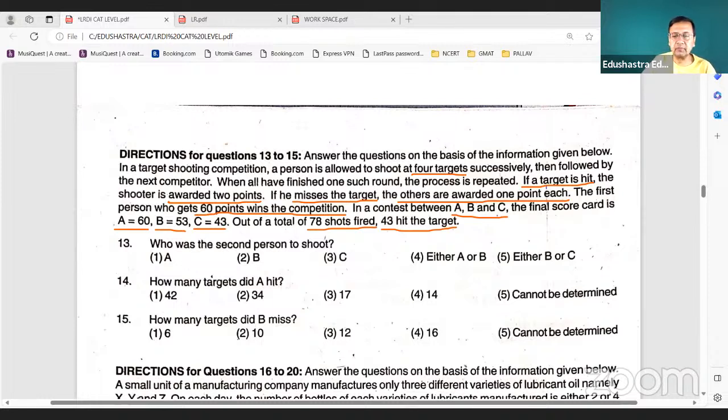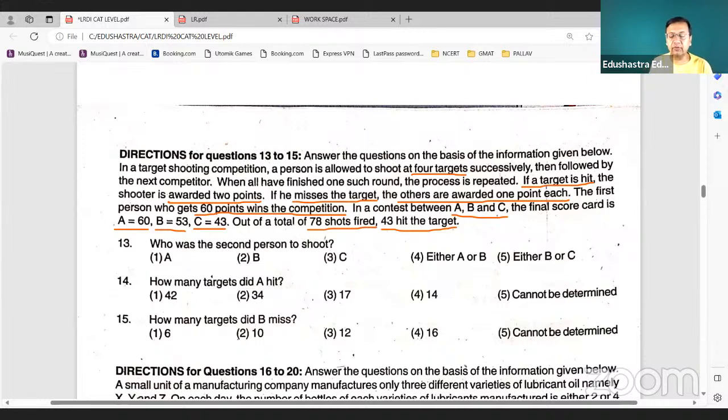When I go in a normal way, after reading this information, I can understand that there will be some equations, because there are three persons, first is hitting, second is hitting, some targets are hit, some are missed, and players are getting some points. So there must be some equations.